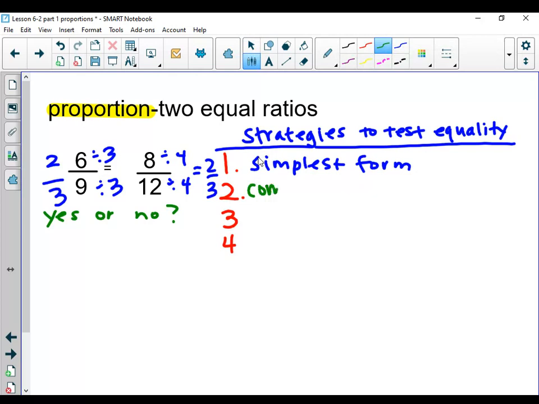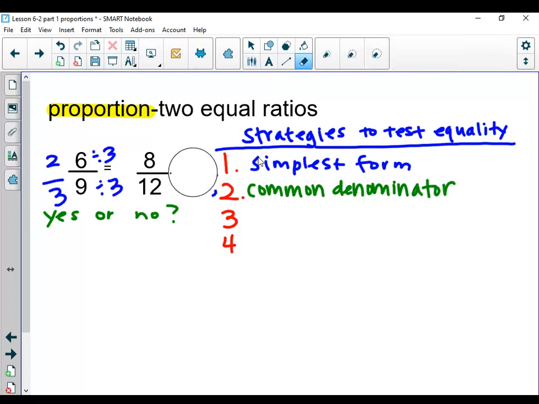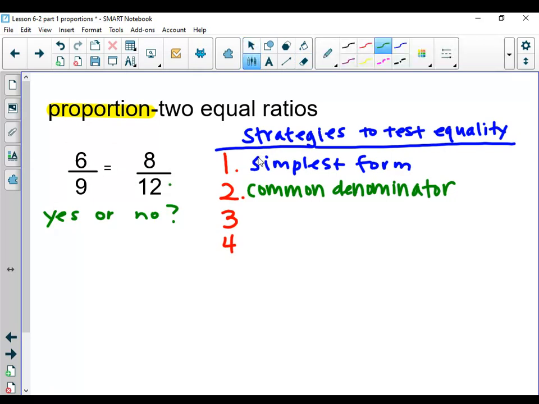Choice number 2. Common denominator. So I can multiply by 3 and 4 to get 24/36 on both sides.